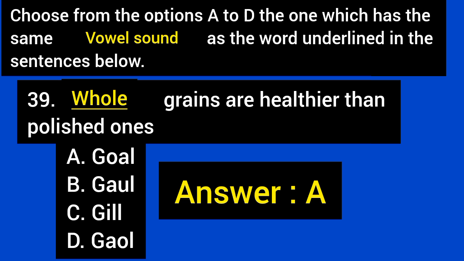So looking at all the answers here, the preferred choice is the A, which is goal. Okay, whole and goal. When you take the vowel sounds, you get O and O. All right. So the possible answer here is the A, that is goal.